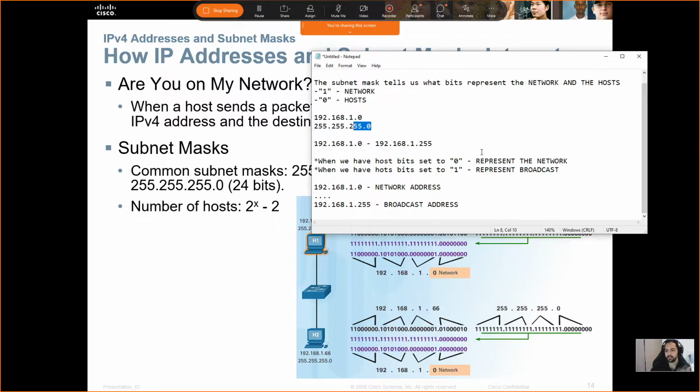Okay? Because these two addresses are reserved. All right? So the subnet mask tells us the bits that I can use for a certain address. Is that all clear to everyone?